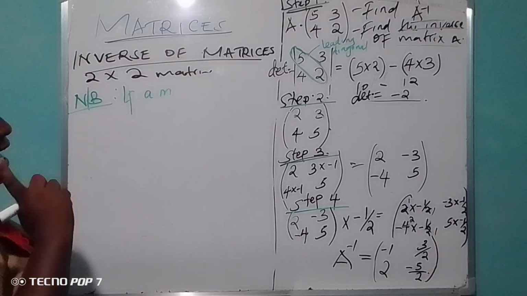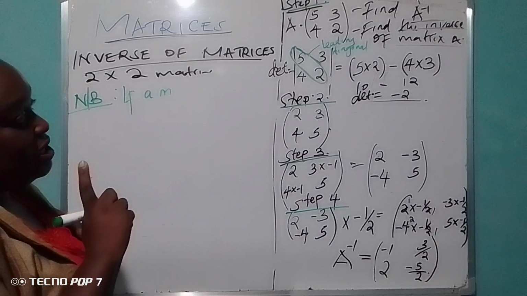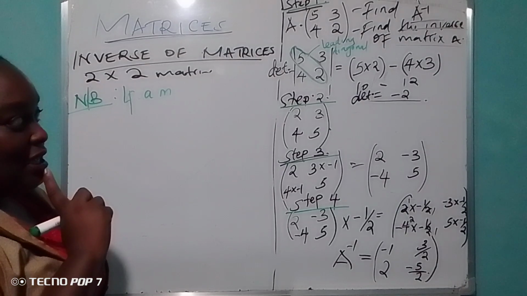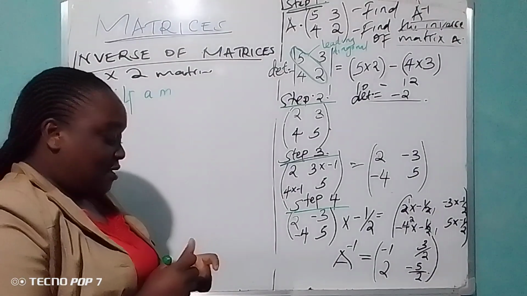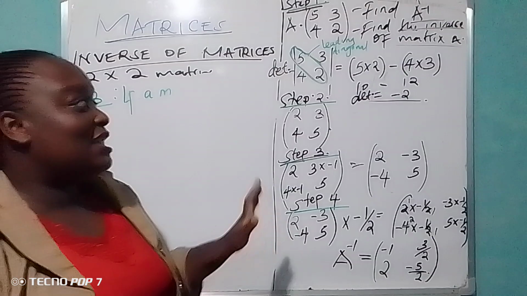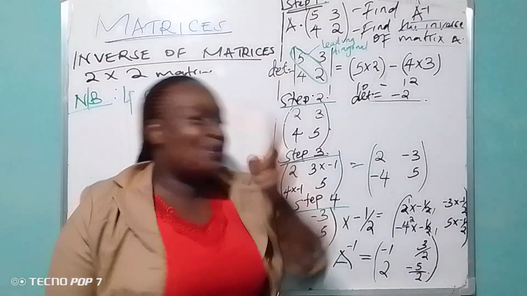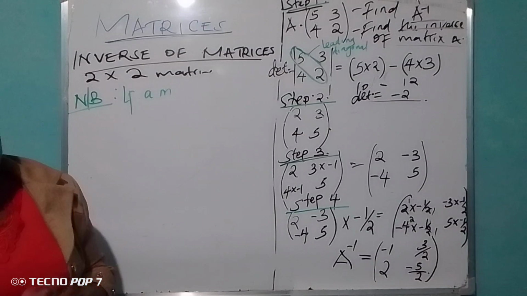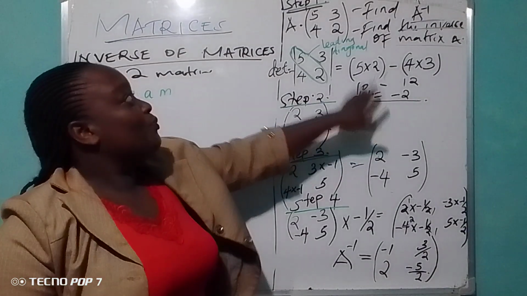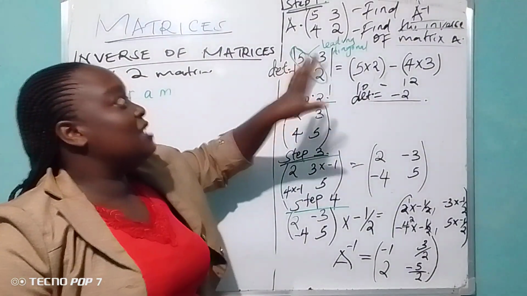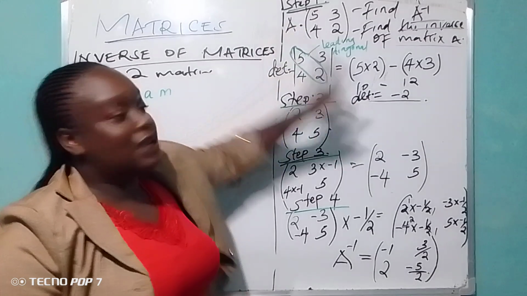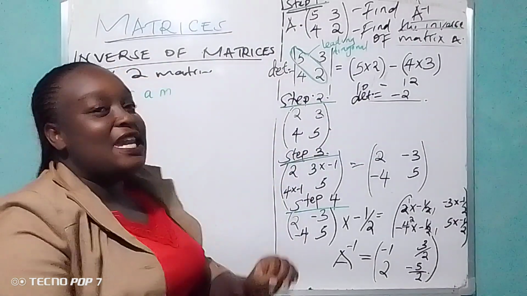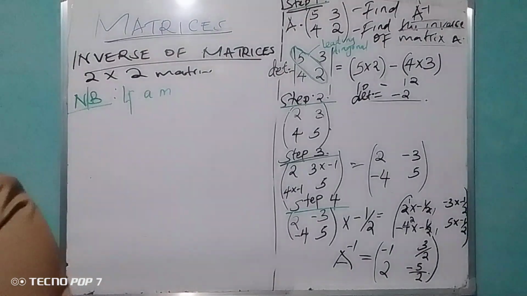If we find that for a particular matrix its determinant is 0, that element has no inverse. Tuseme, we find that a matrix, when you are finding the determinant, unapata ni 0. Tunasema hiyo element haina inverse.